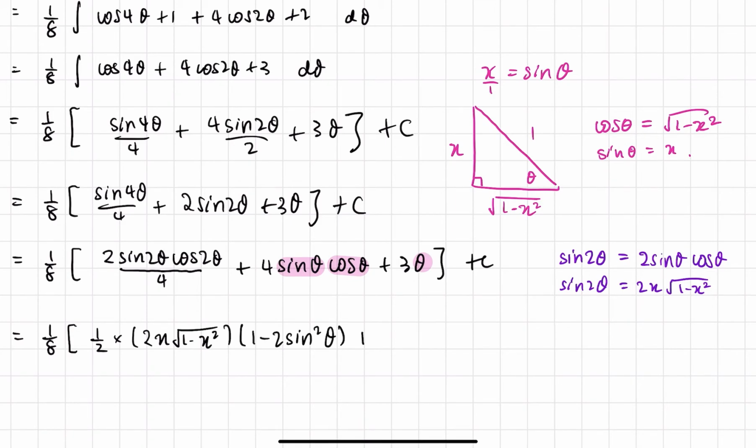Right, that's what it is. Plus 4, actually this is just 2 sine 2 theta, right? So that's 2 times sine 2 theta, plus 3 sine inverse x, plus c.